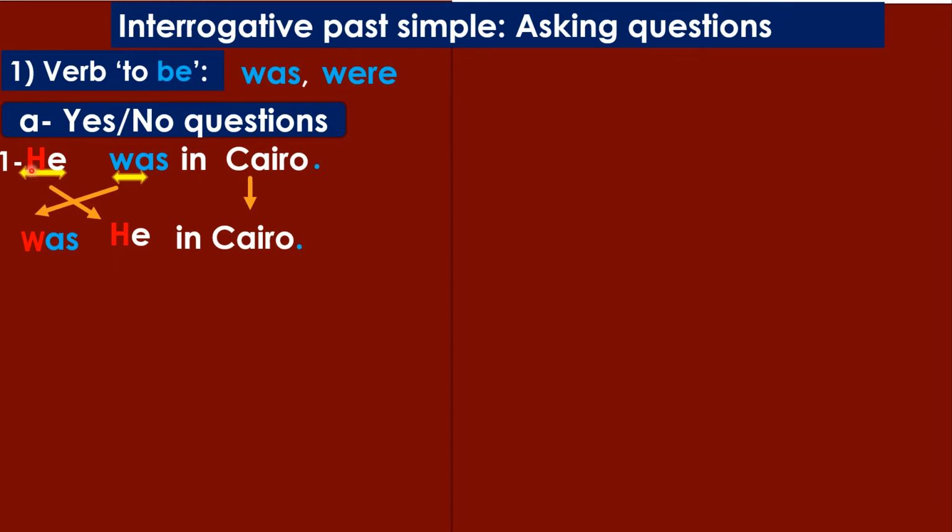Because he is at the beginning of the sentence here, it was a capital H, but when I have it in the middle of the sentence, I'm going to change the capital H into a small h. Okay.